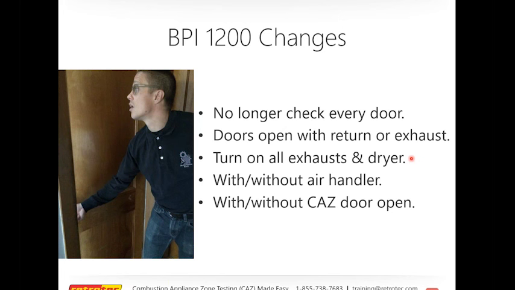So what we're doing here is testing with the air handler on and with the air handler off. Simple as that. We'll see the difference, and we'll take a look at our gauge to see if there's any change. Additionally, we'll check the pressure in the combustion safety zone with the door open and with the door closed, and that's the door to the combustion safety zone.